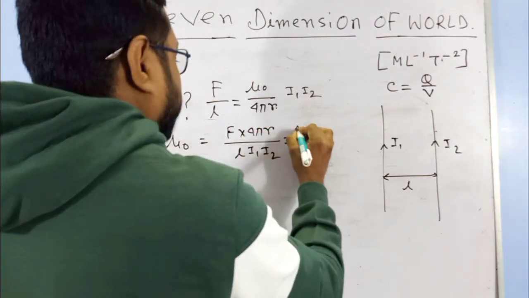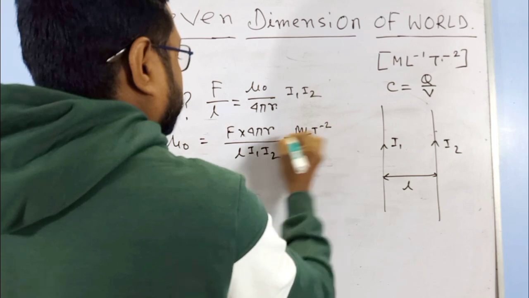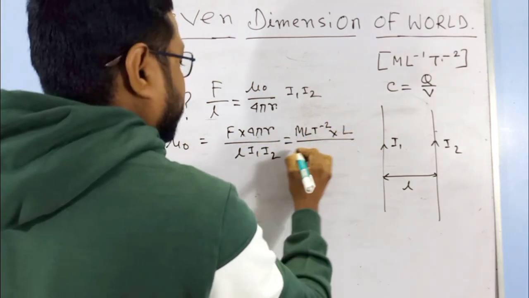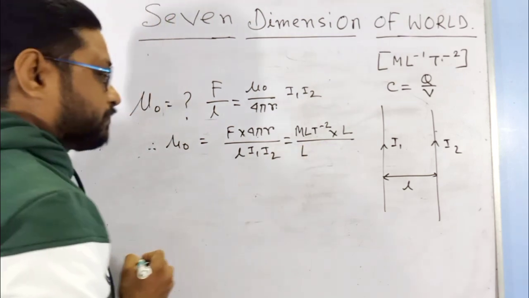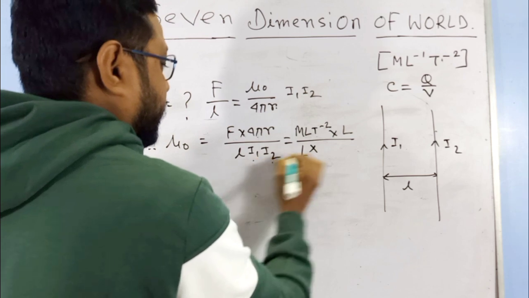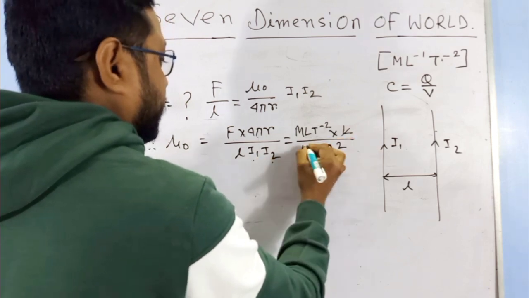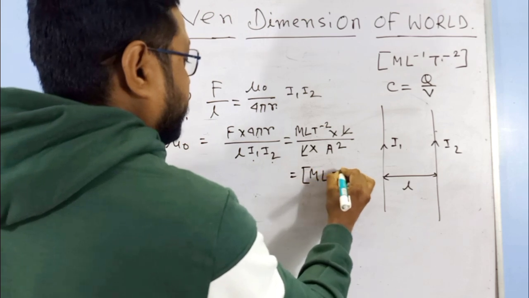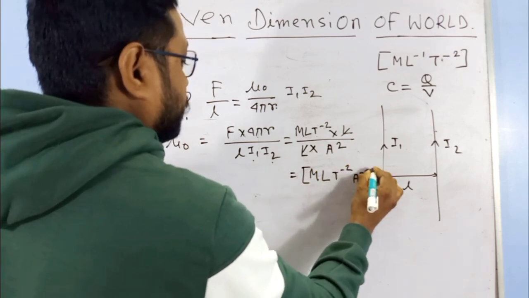That is, the dimension of F means M L T minus 2, 4 pi is a constant term, r means the dimension of length divided by L, the dimension of length, and I means A square, so L cancels out. So we get the dimension M L T minus 2 A minus 2.